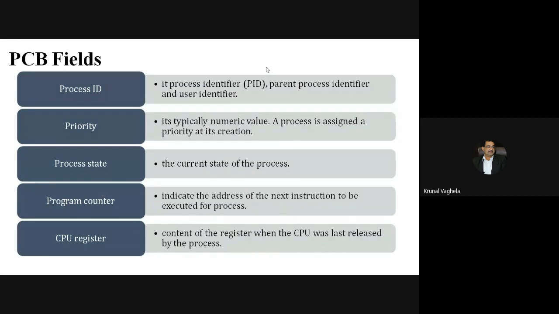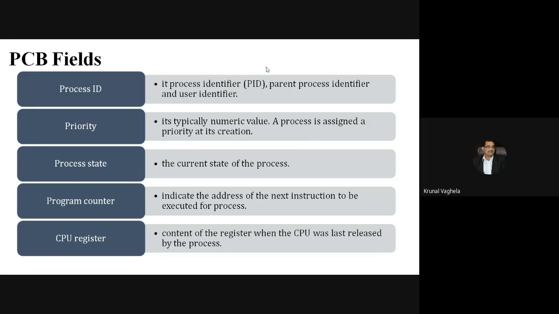So let's quickly see a few fields. One is process ID. It is a unique process identifier because the operating system will assign a unique ID to each process, PID. It is similar to your enrollment number or your GR number. Parent process identifier and user identifier.